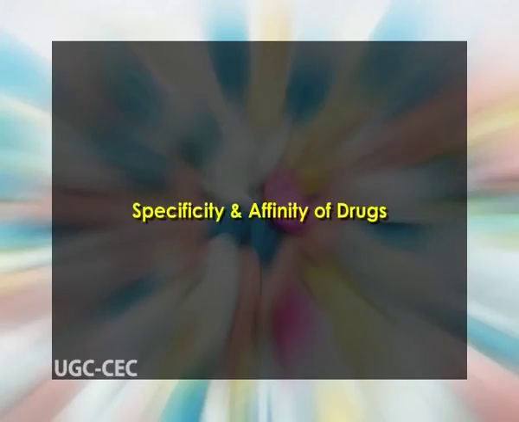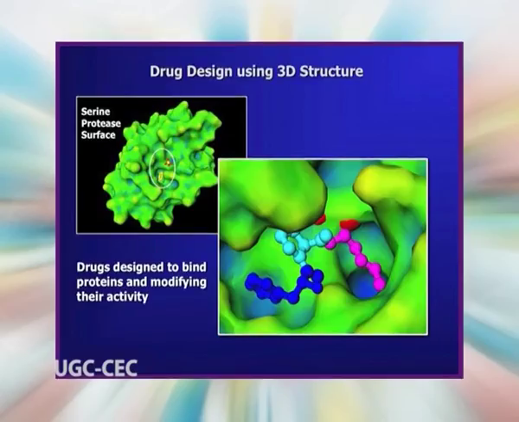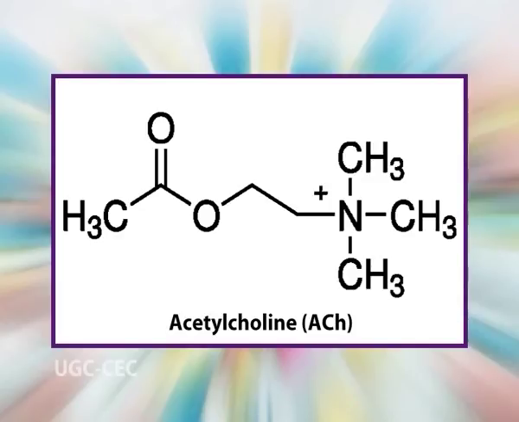Now, let us discuss the specificity and affinity of drugs. Drug companies invest a significant effort in designing drugs that interact specifically with particular receptors, since non-specific drugs can cause more side effects. An example is the endogenous drug acetylcholine.